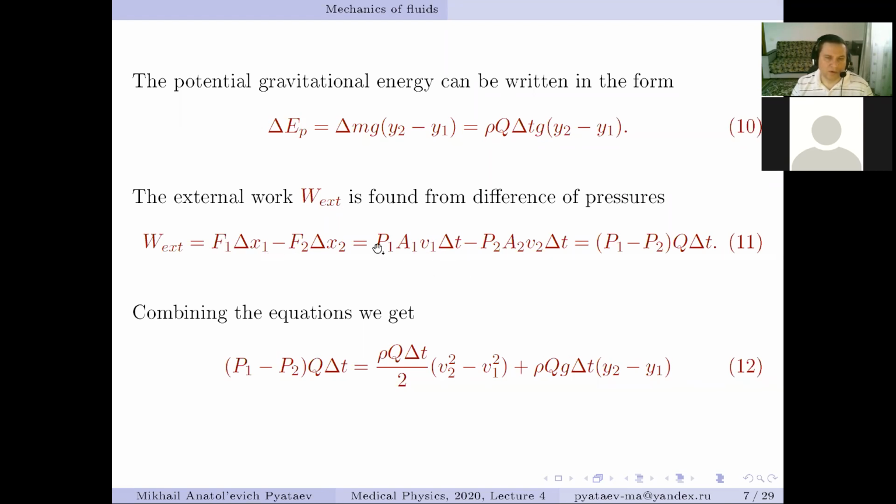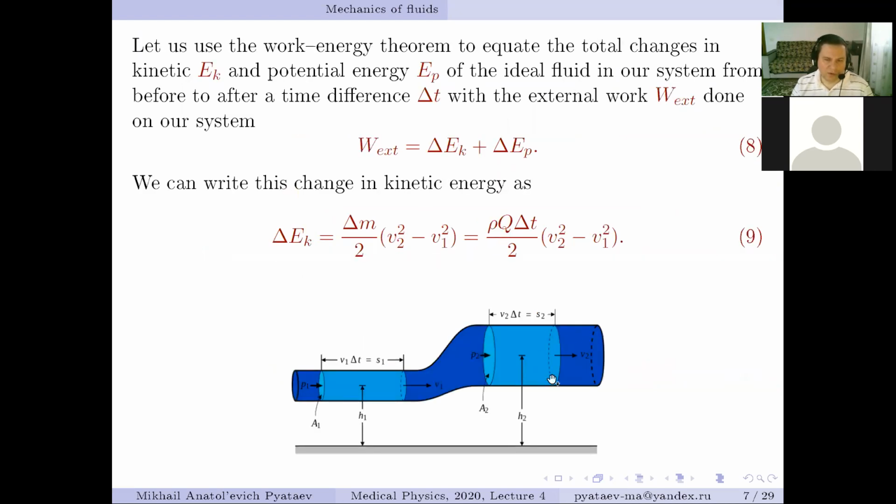So we have P1 A1 v1 delta t minus P2 A2 v2 delta t, because we should subtract work done by the force in this region.